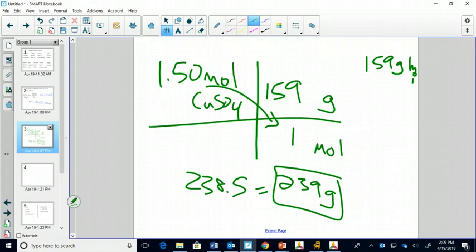Why would I not just pour 1 liter of water and 239 grams of copper 2 sulfate? Why do I not need a whole liter of water? Because that copper sulfate has volume, so I need to account for that.